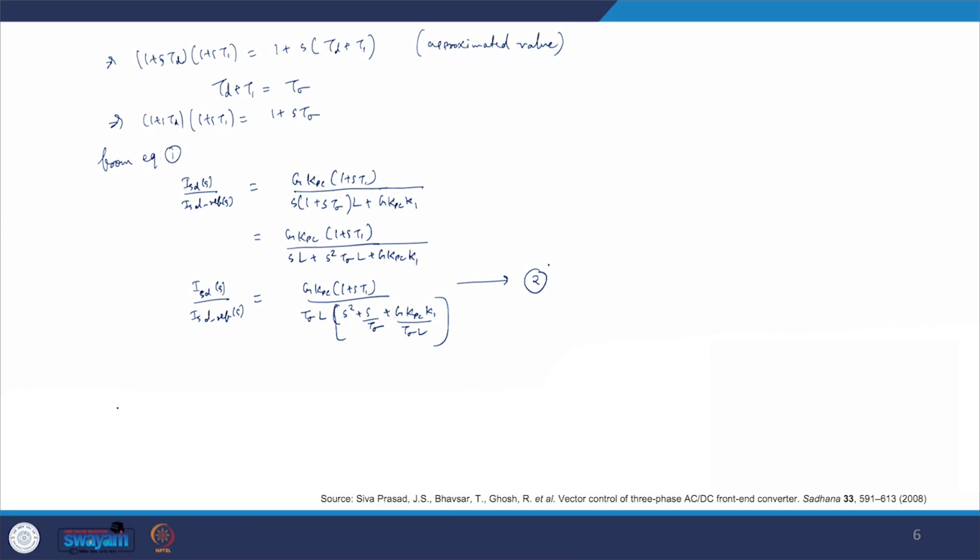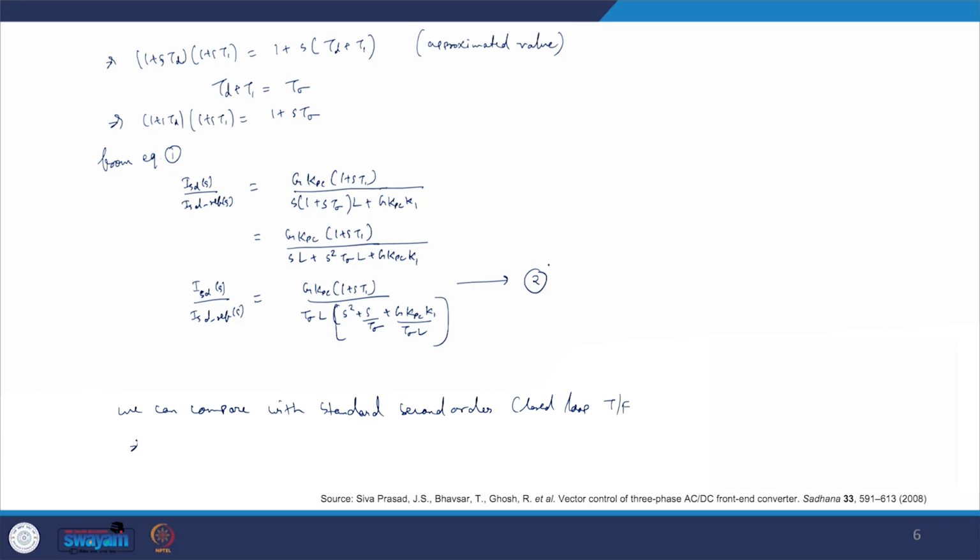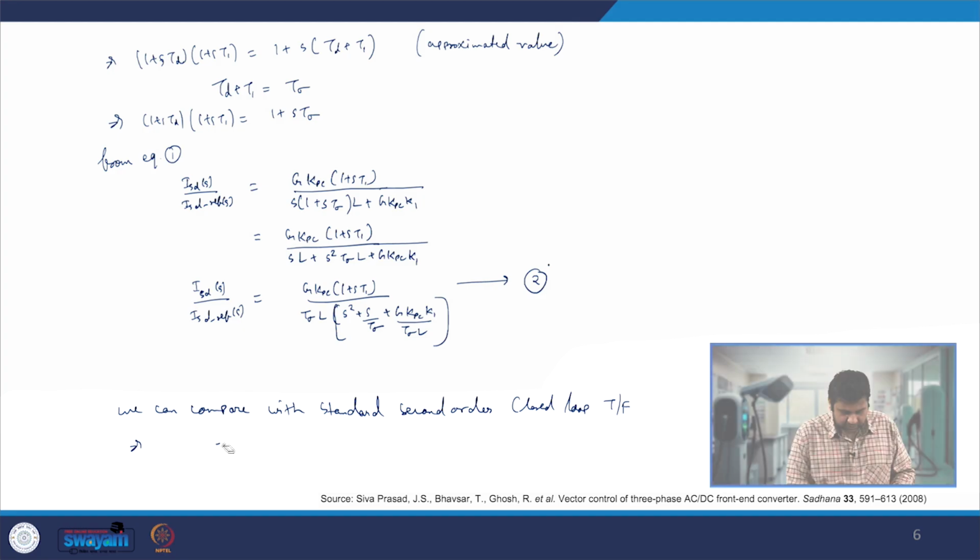This particular equation we can compare with the standard second order closed loop transfer function. The denominator of the standard second order transfer function is s square plus 2 zeta omega n s plus omega n square.